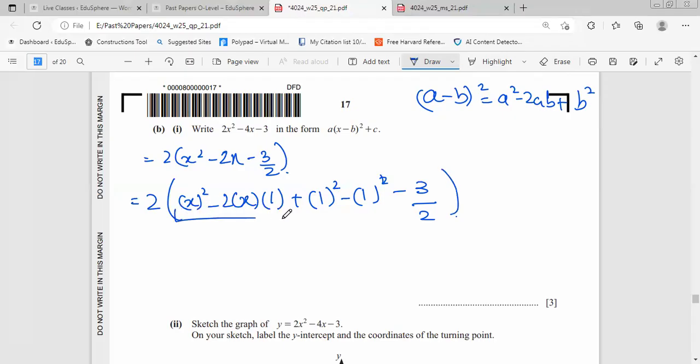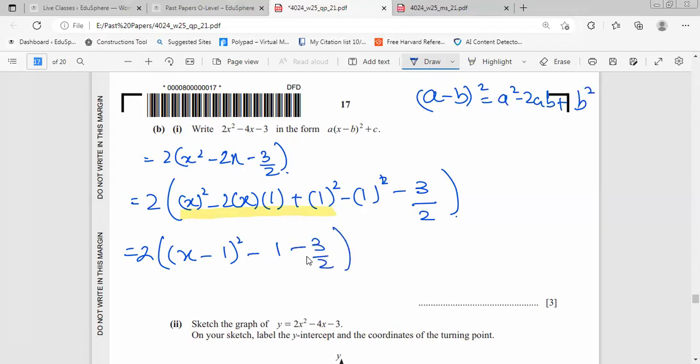Now, till here we have a square. So what we are going to write is 2 times x minus 1 whole square minus 1 minus 3 by 2.